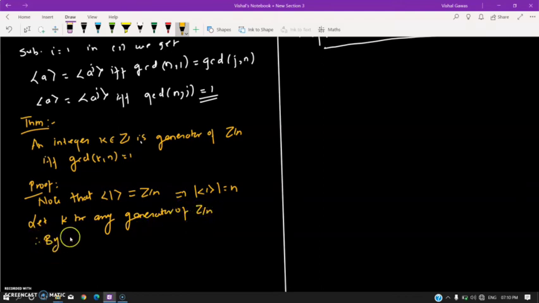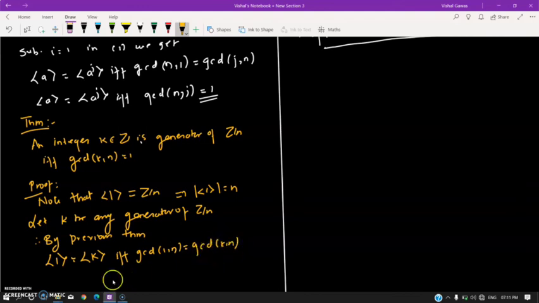Therefore, by the previous theorem, this is the same if and only if GCD of 1 and n is the same as GCD of k and n. This would imply that 1 is a generator, and k is a generator if and only if GCD of k and n is 1.